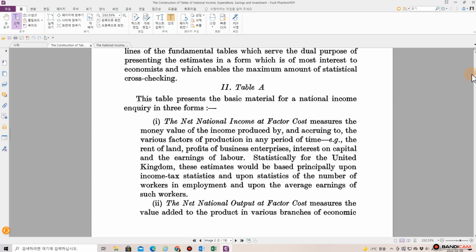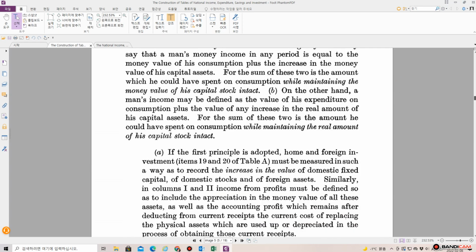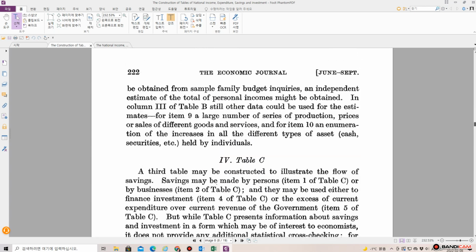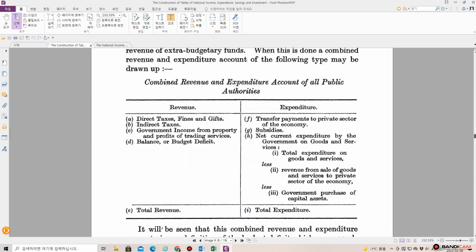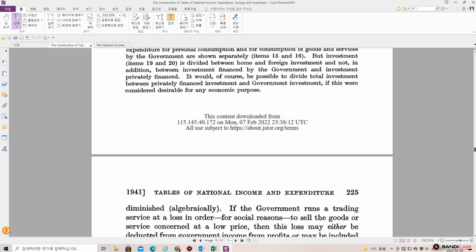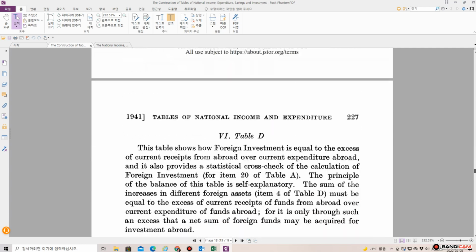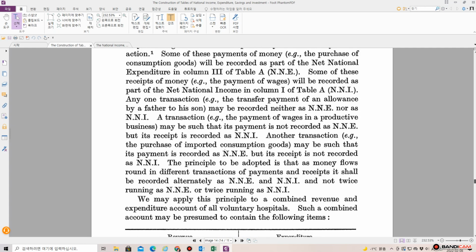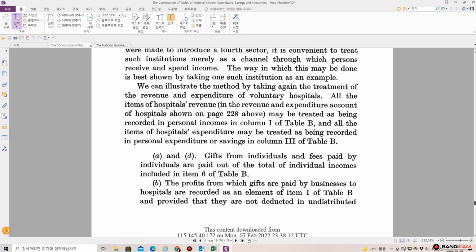And in section 2 and going on, they explain the tables A, B, C, and D, item by item. They actually present those tables in the appendix, as you see.